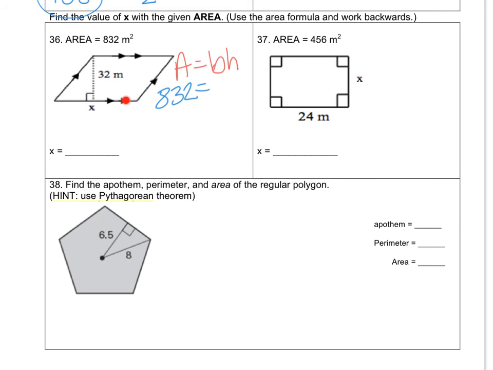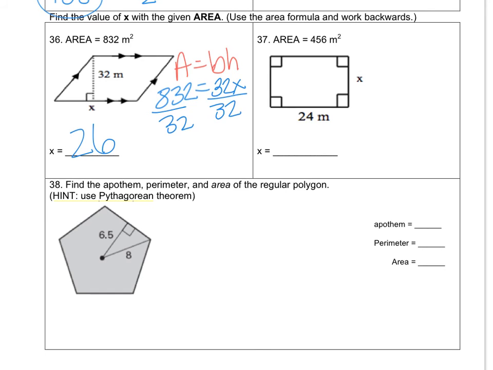I don't know what my base is, that's what I'm looking for, but I do know my height is 32, so 832 equals 32x. Solve for x, divide by 32 on both sides. I'm going to find my base is 26.